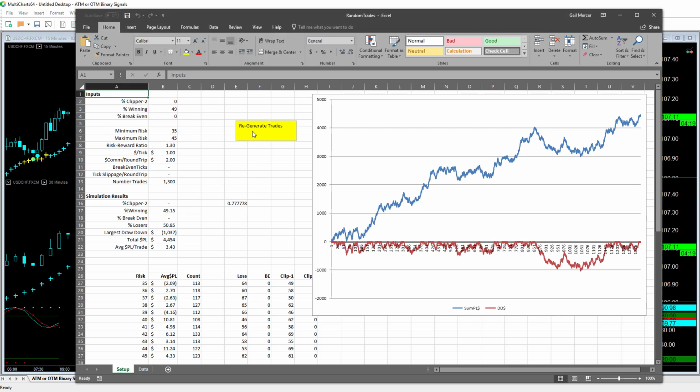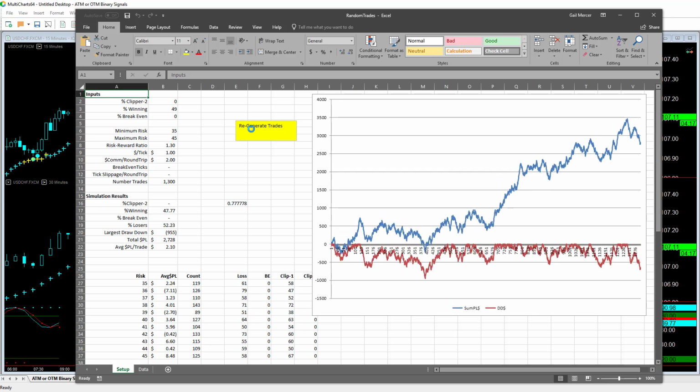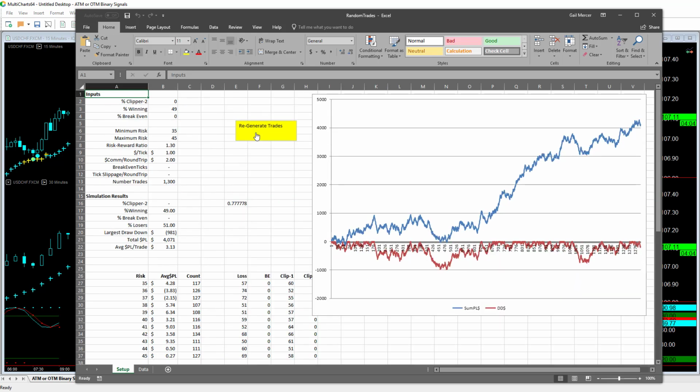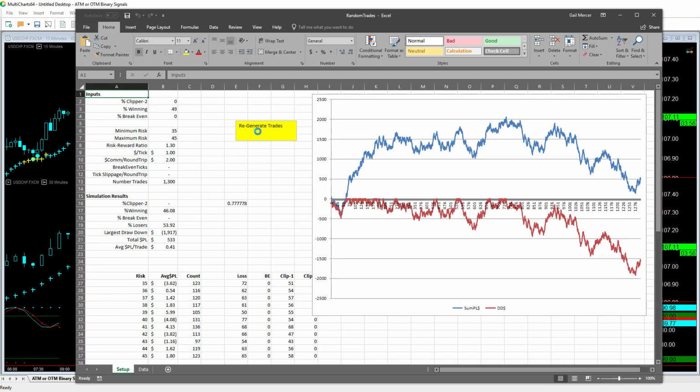Now, if we go and regenerate trades again, you can see that at 47%, right at 48%, you're kind of off to a rocky start, then it makes money. This could also be where it was losing money. At 49%, again, you might be off to a rocky start before it kicks in and makes money. Now, this is the one I really wanted to show. It's at 46%.